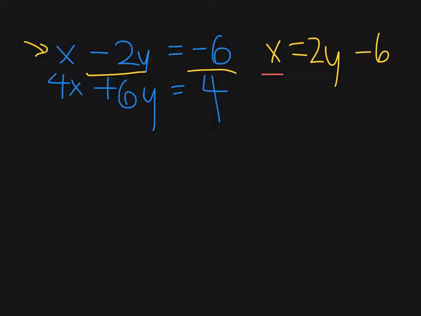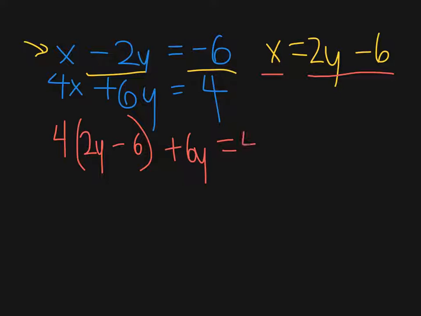So now I've got what x's value is. I'm going to plug that in to the other equation. So I have 4 times 2y minus 6, because that's what x is equal to, plus 6y is equal to 4.